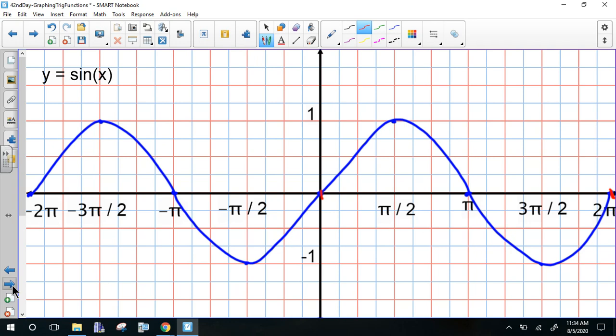After that, sine of x just repeats itself. So the period of the sine function is 2 pi. From here all the way to here is one period.